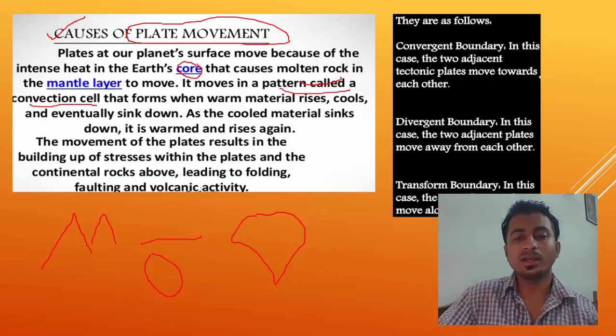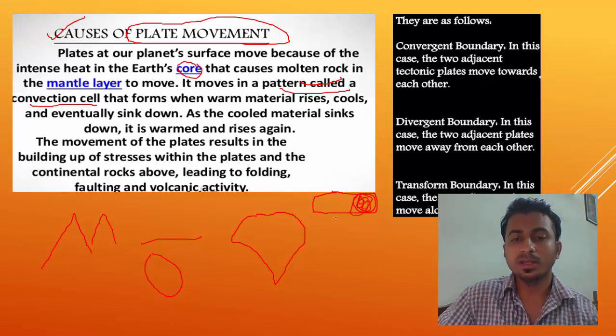So you can understand why. Suppose this is a landmass inside the earth. Now suppose this part has melted due to heat and this part is solid. So now what will happen? This solid part will move towards the liquid part. Why? Because this is liquid, this is solid, so it will occupy the space of the liquid.